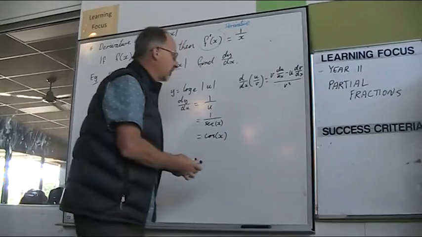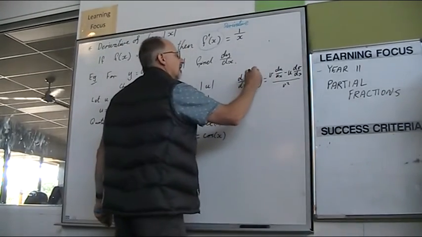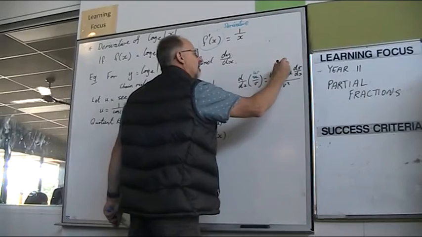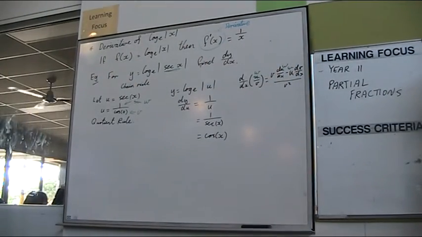And so what we're doing is instead of using u, we're using a w. So that's a w there, that's a w, and that's a w. We're all good with that? So we don't lose ourselves.